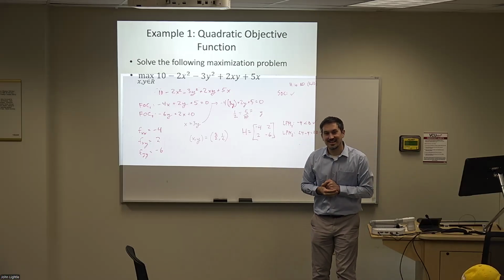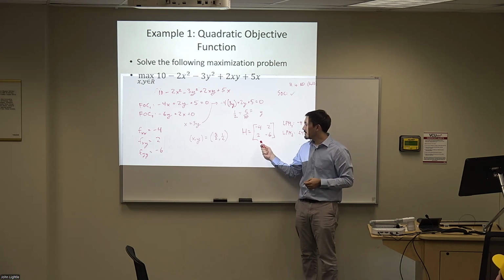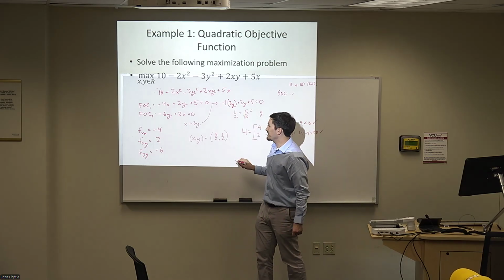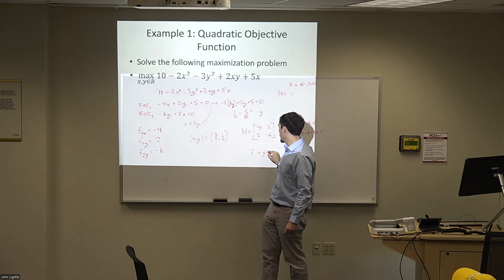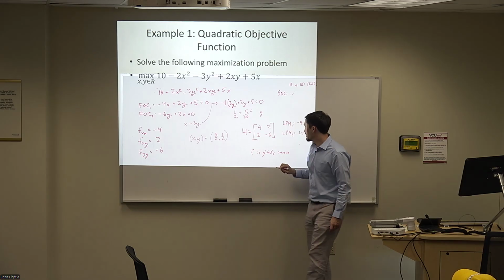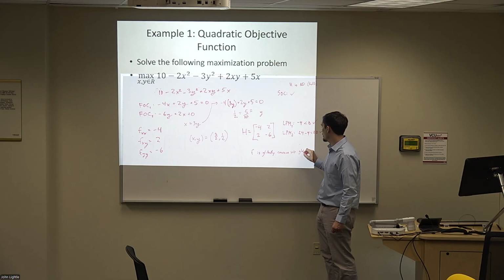Yes, that's what I was asking with the global. So whatever this function is, I didn't call it anything, that function f is globally concave, and that implies it's a global max.